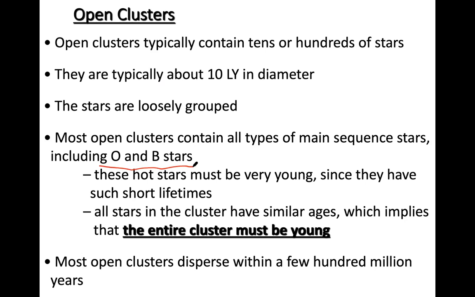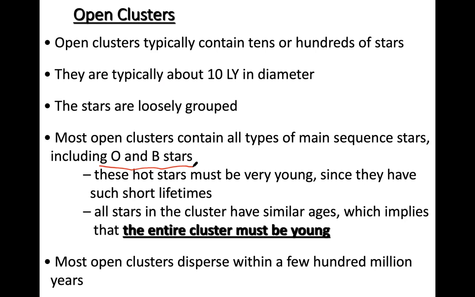Globular clusters are older; their age goes up to 12 billion years, which means they are very old, so you should not be able to see these O and B type stars in globular clusters.